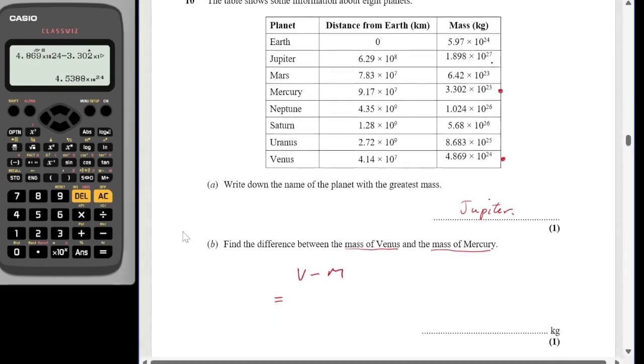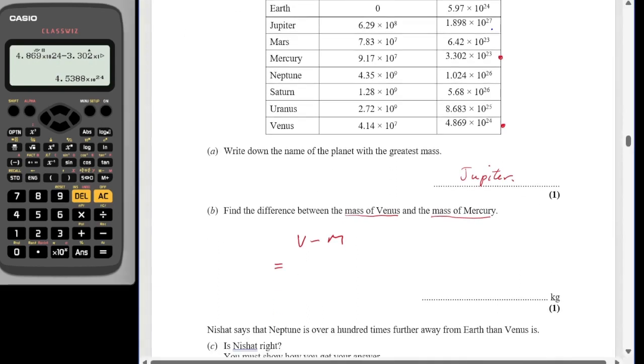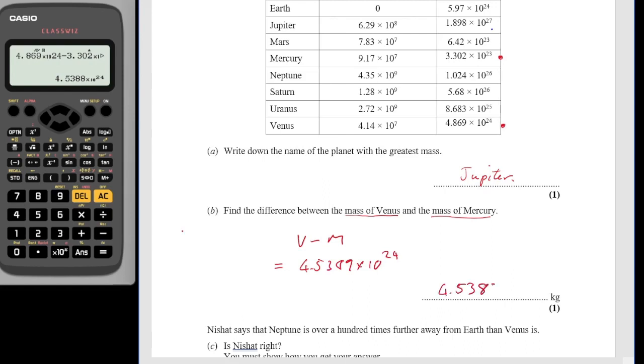Yeah, that looks right actually. So that gives me 4.5389 times 10 to the 24. So 4.5389 times 10 to the 24.